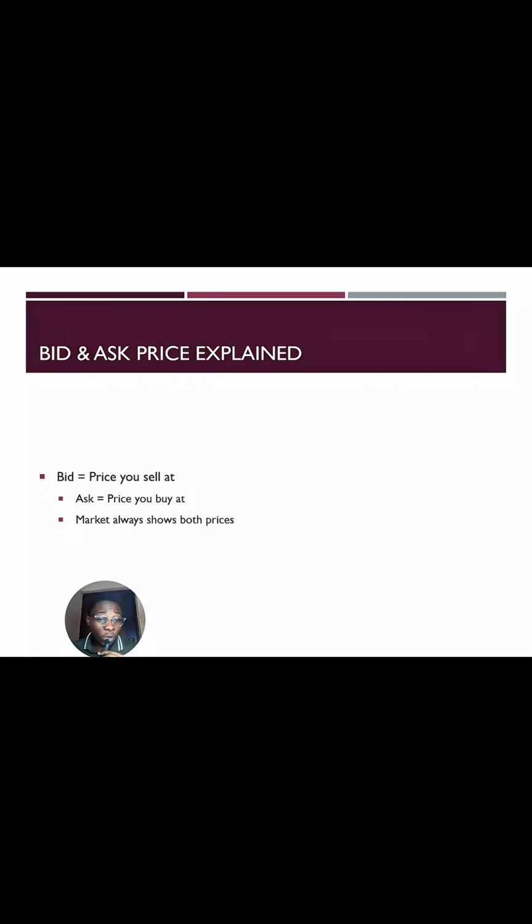The markets always show both prices. So with this, you were seeing both prices, the bid and the ask price. This is the simple explanation of what a bid is and what an ask is, right?